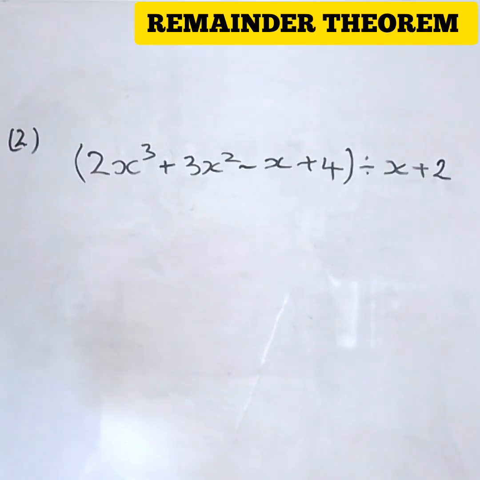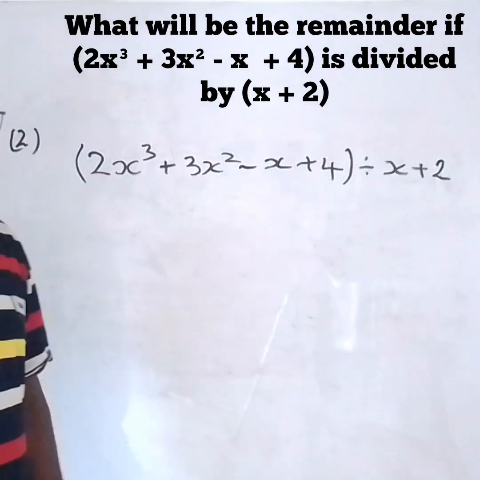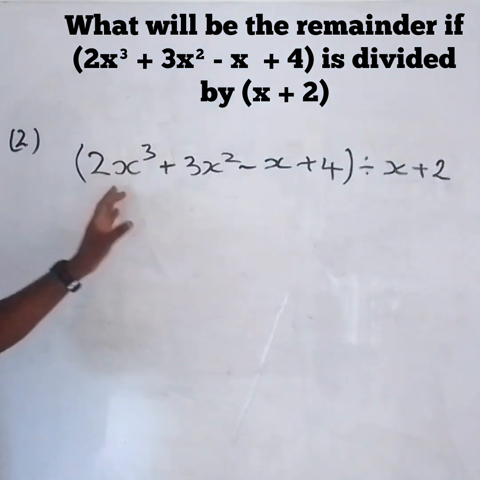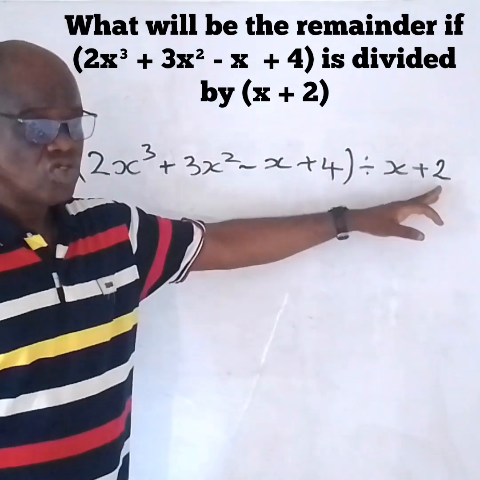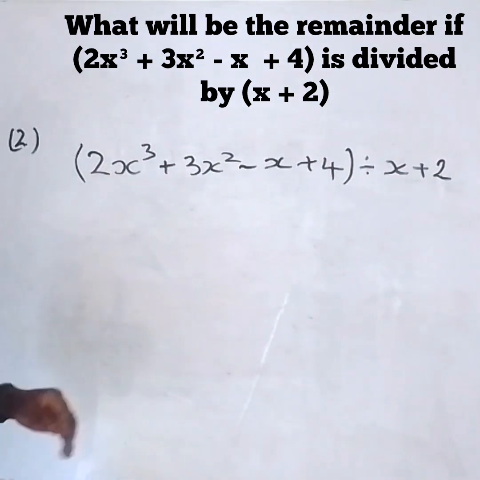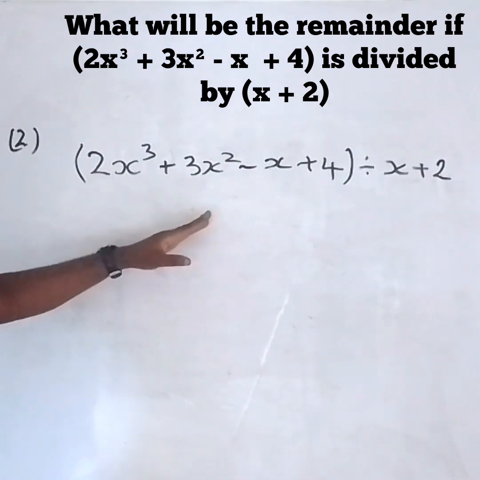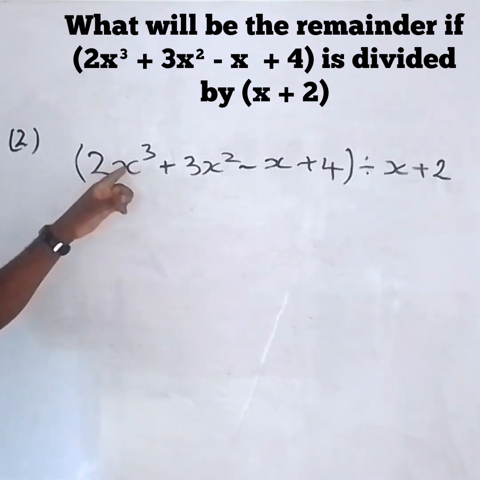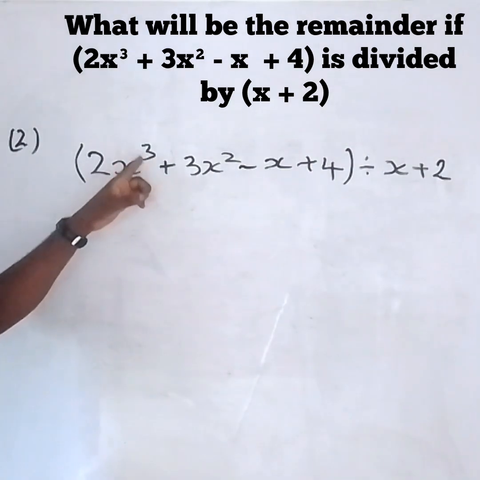Now we look at the second example. This is the function of x, which is this. And the remainder theorem says that if you divide this function of x by x minus 2, you have a quotient of polynomial in the form of g of x, which will be 1 degree less than the degree of the function of x. That is, this is x raised to power 3.